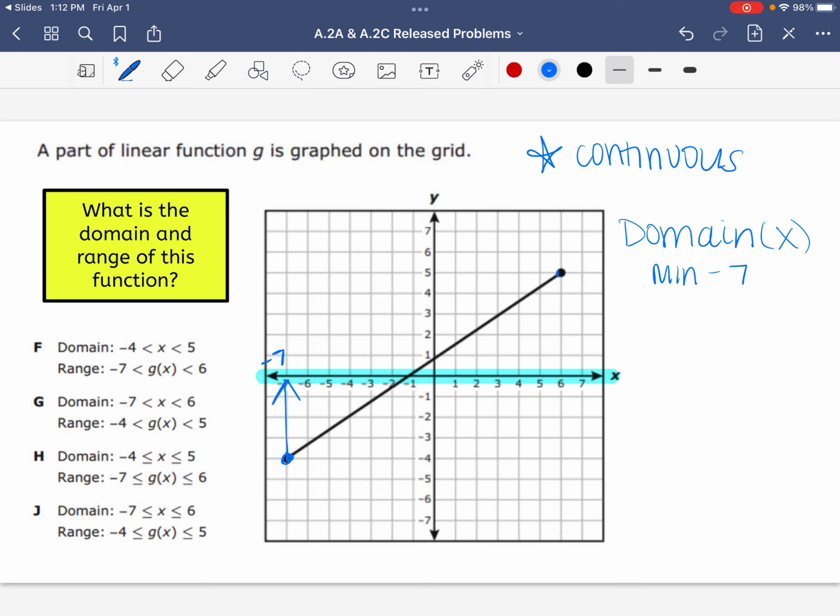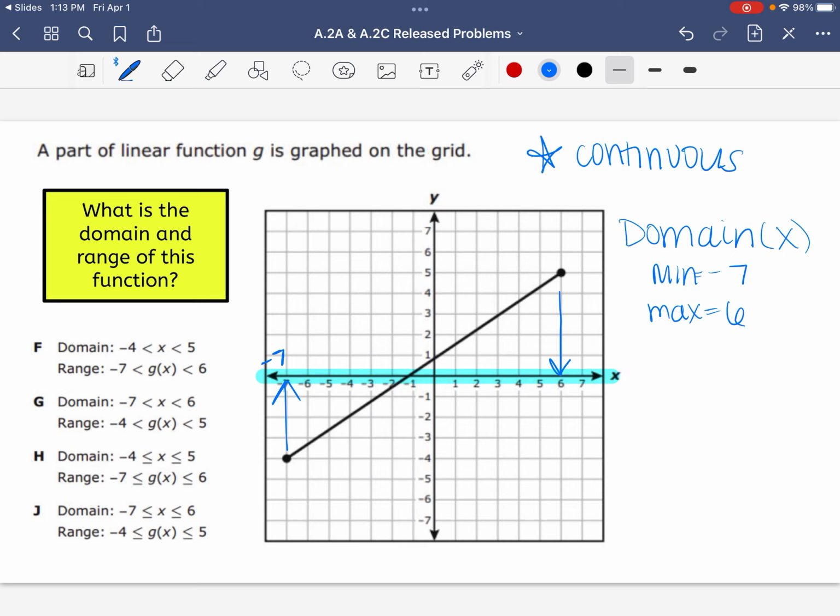When I look at the maximum point, or the farthest to the right on x, and I find its value, its maximum is 6. And notice before I colored in those points, both of them were shaded in. So that means that I do have a point at -7 for x, and I do have a point at 6 for x.